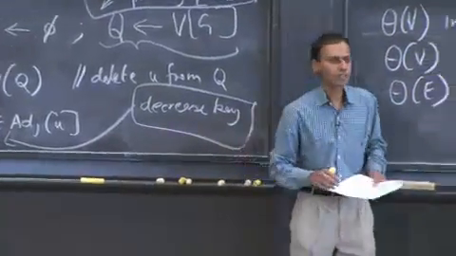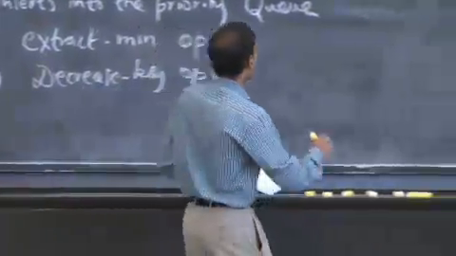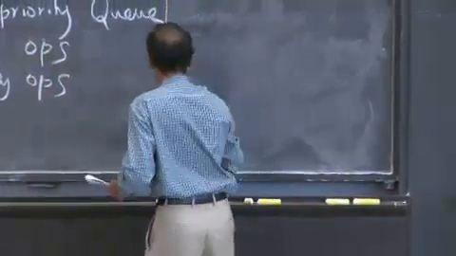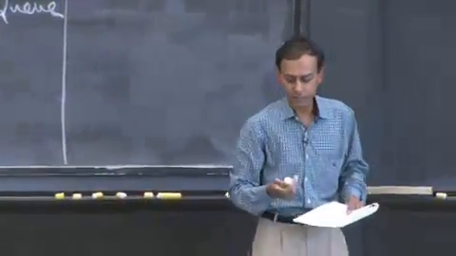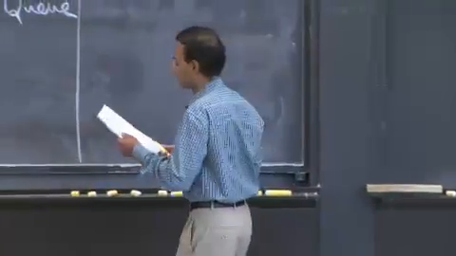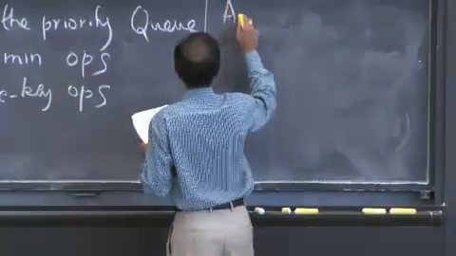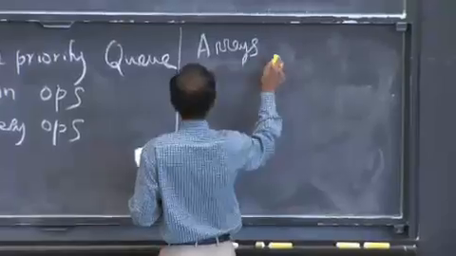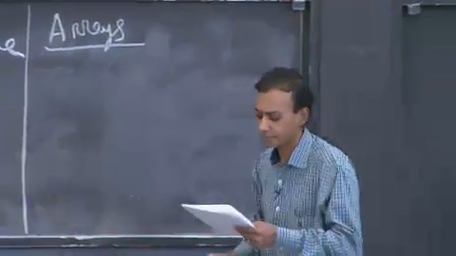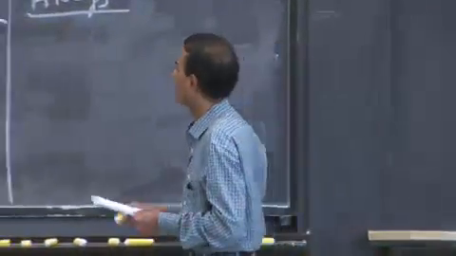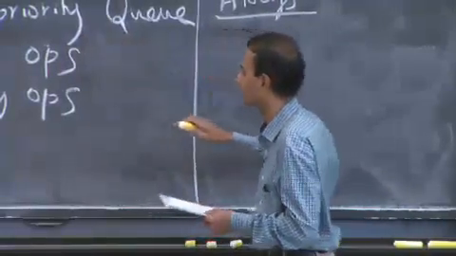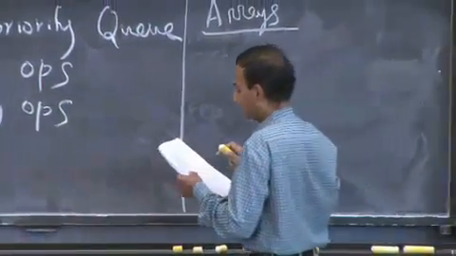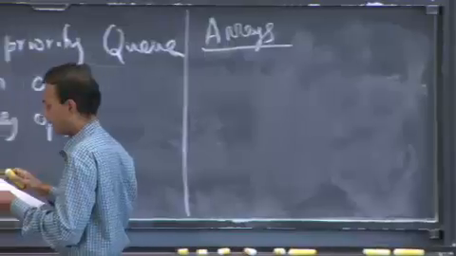And now you're a data structure designer, and you've got some choices with respect to actually implementing the priority queue. Let's look at the complexity of Dijkstra for arrays. So suppose I ended up using an array structure for the priority queue. Then what do I have?